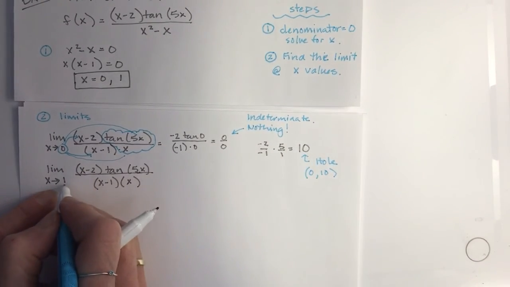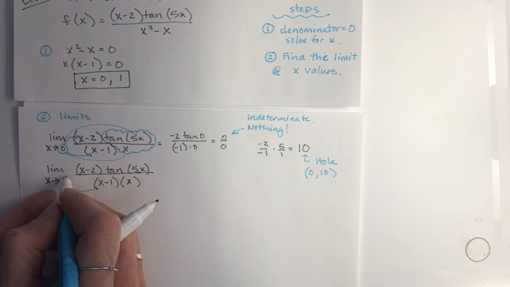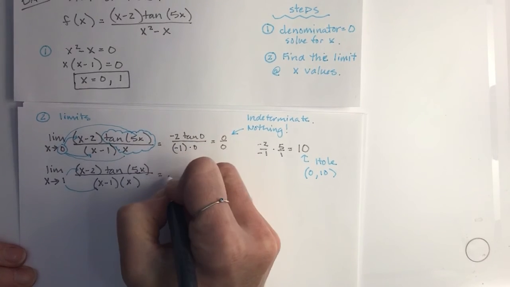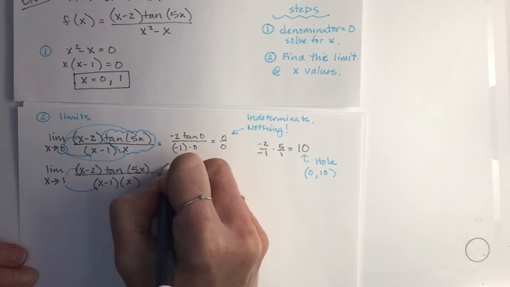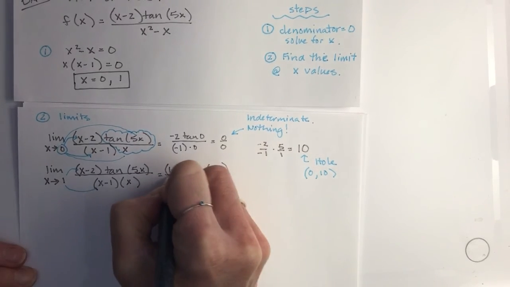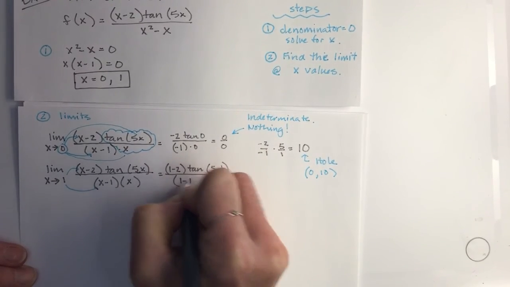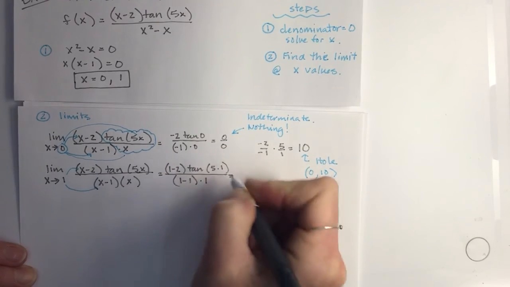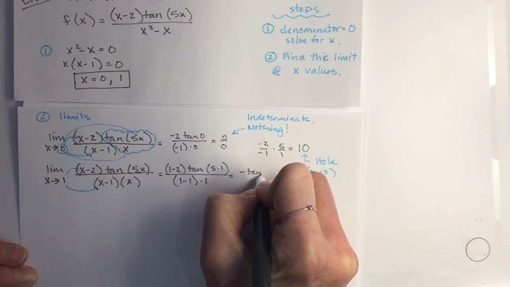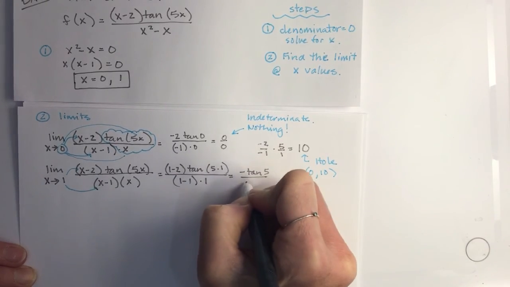This one, though, let's do our direct substitution. You guys can see the difference here. We get 1 minus 2 tangent of 5 times 1 over 1 minus 1 times 1. So here we get a negative tangent of 5 over 0.